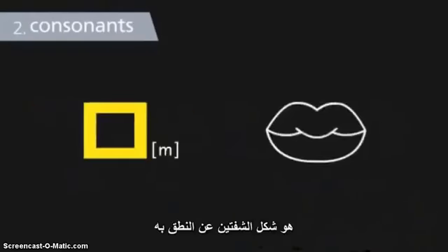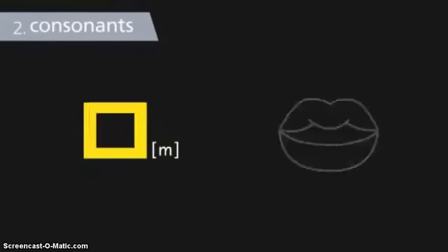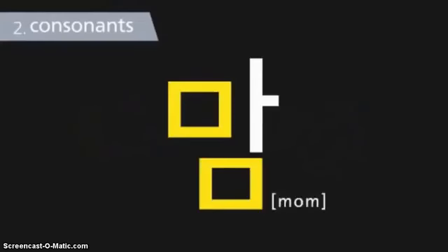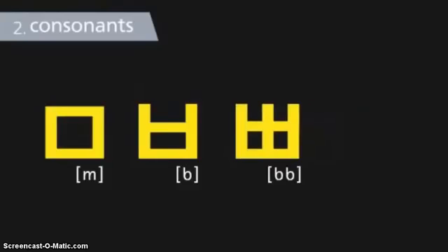Mu pictures the shape when you open your lips. Mu. For example, mum. And with 2 additional strokes, it becomes bu, which sounds stronger. When it gets double, it goes bbu.